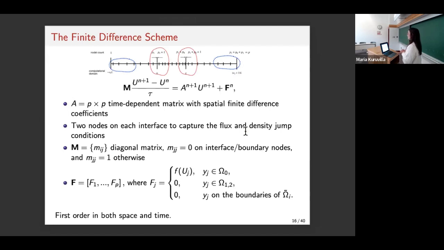The finite difference scheme is going to capture the accuracy of the interfaces, the jump in the interfaces, by placing two nodes on each interface. So you can think about essentially discretizing those limiting equations and adding them into A, which is our linear operator that is approximating the derivatives.